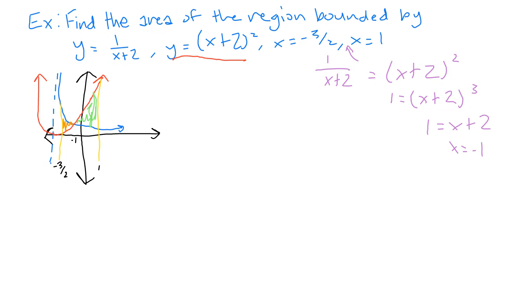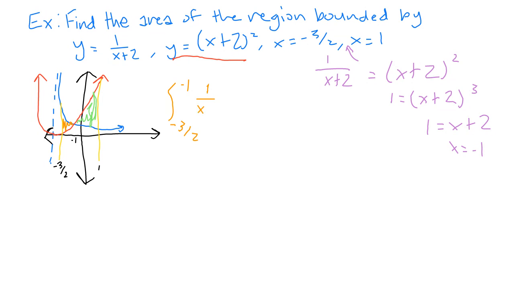So let's get started by setting up these integrals. We're going to start with that first one. Of course, like we said earlier, our bounds for this one are going to be from negative 3/2 to negative 1. And we can see right here that 1 over x plus 2 is going to be the bigger.